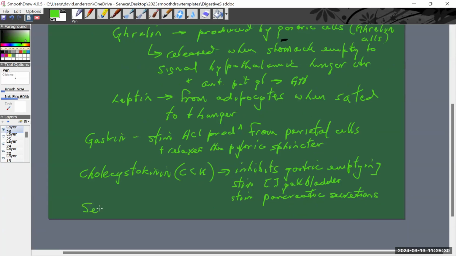Now, secretin is also produced by cells in the small intestine and has overlapping functions with cholecystokinin. It's going to stimulate the pancreas. I'm just going to try to abbreviate it here because we're running out of space. Stimulate the pancreas, that helps to neutralize, stimulates bile production, and inhibits gastric emptying. So a lot of the same features that cholecystokinin is responsible for, secretin is also responsible for.